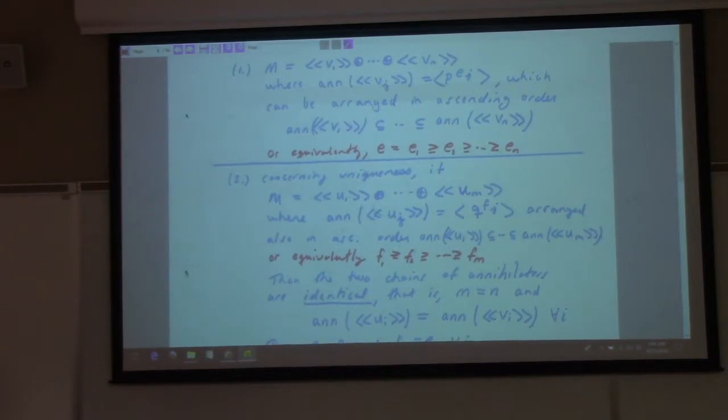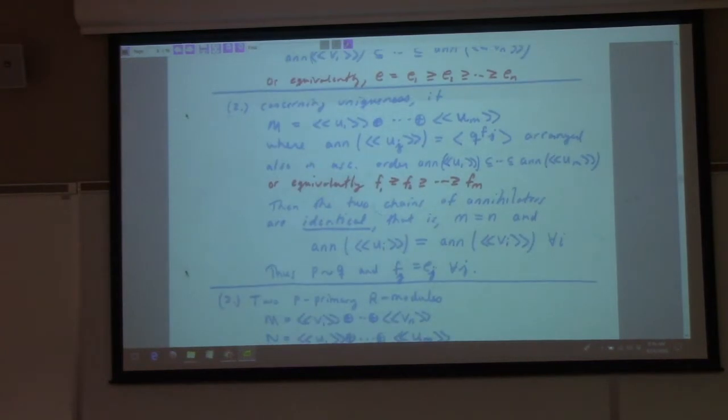So in other words, these two chains of annihilators are identical in the sense that we could have different choices of u and v, but the annihilators will match up. The annihilators, again, are in the ring. In other words, p and q are associates, and we have that fj is equal to ej. Those are the powers, those are integers.